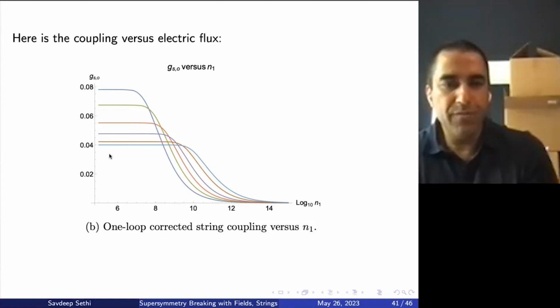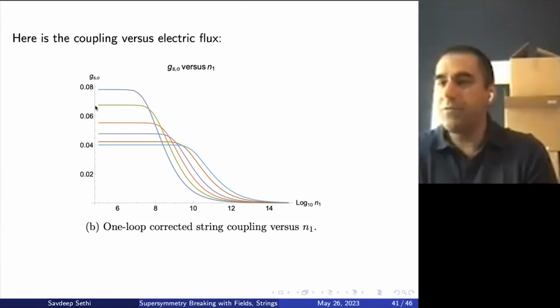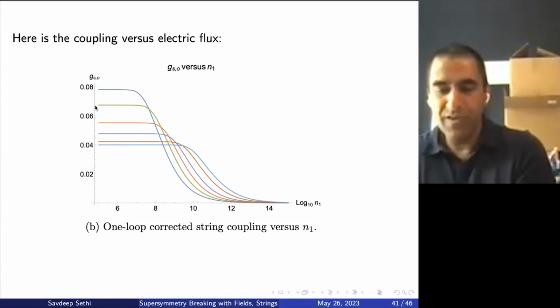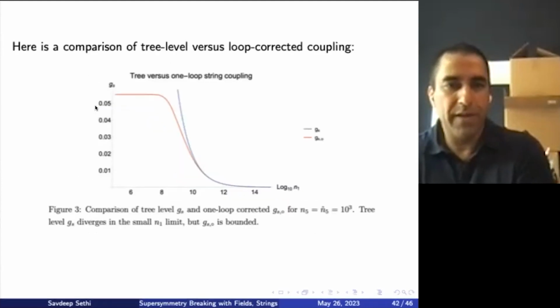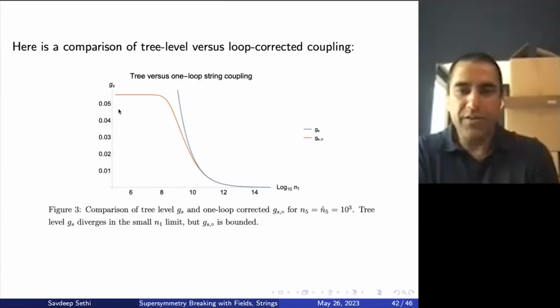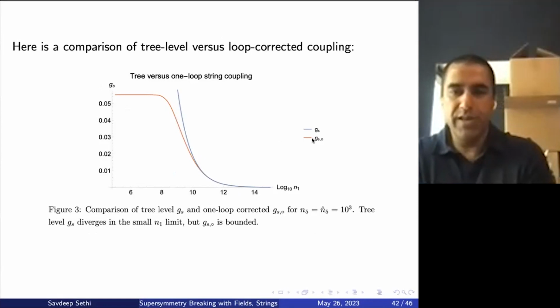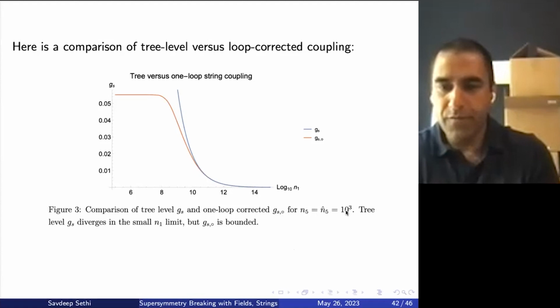So in this regime, for a very small N1 or N1 going to 0, you'll hopefully find one of these intrinsically quantum solutions mentioned earlier, which wouldn't exist without the one-loop effect. Here's actually a direct comparison. gs0 in red is the one-loop corrected string coupling versus the classical string coupling, which just diverges for some fixed values of the fluxes through the spheres.